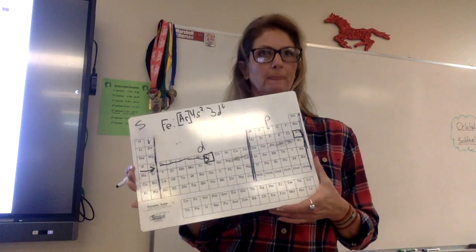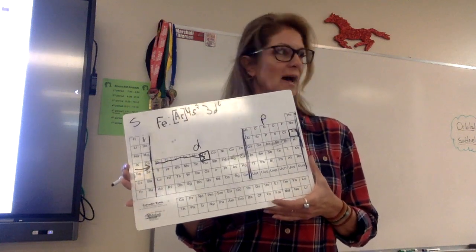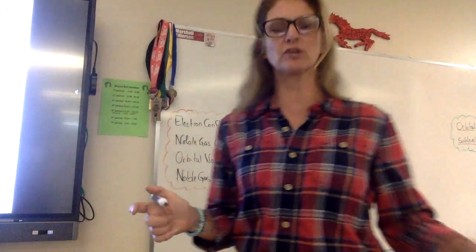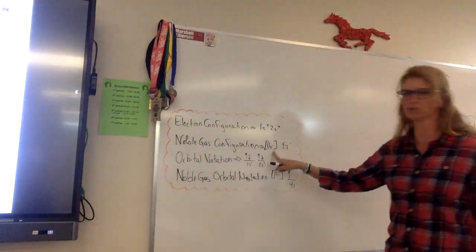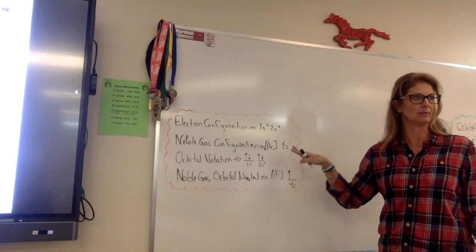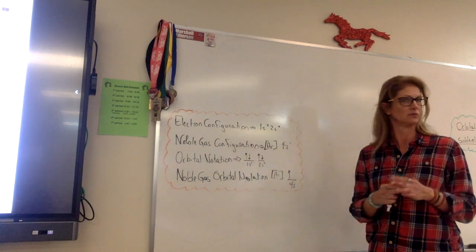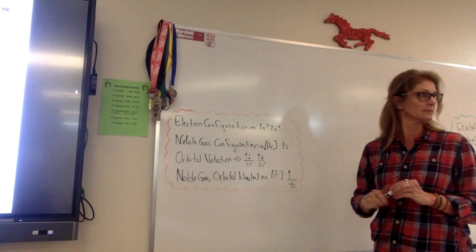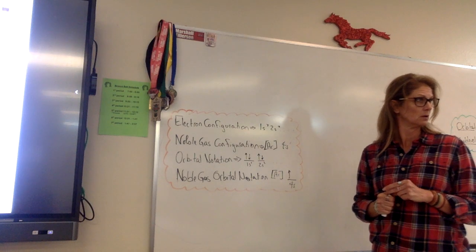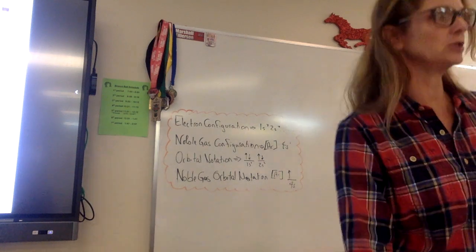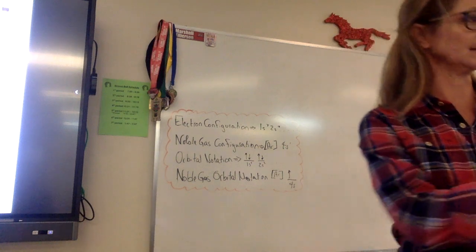Krypton. Okay. You good with that? Simple. All right, so that is noble gas configuration. The only time you can give me that shortcut is when I say these words. Noble gas configuration. Yes. Yeah, it's 4s2 3d6 with argon in brackets.